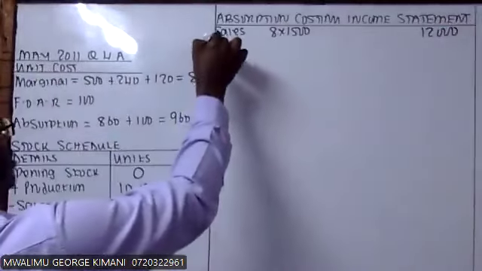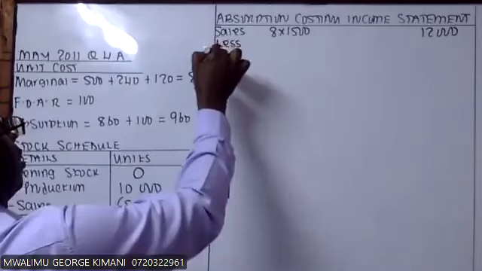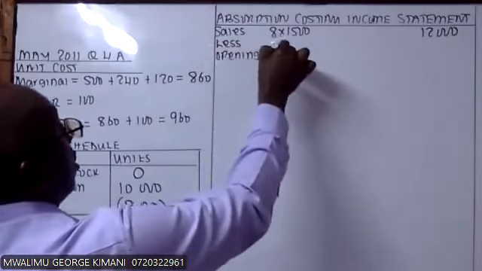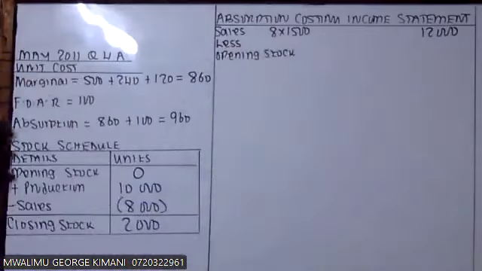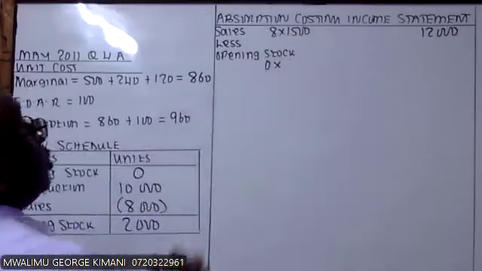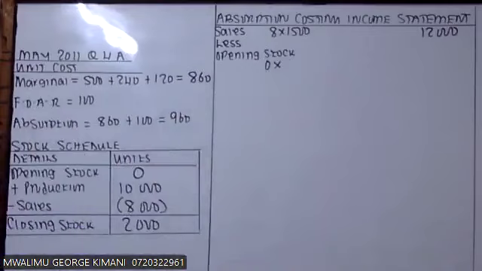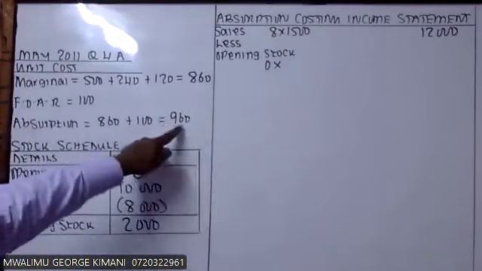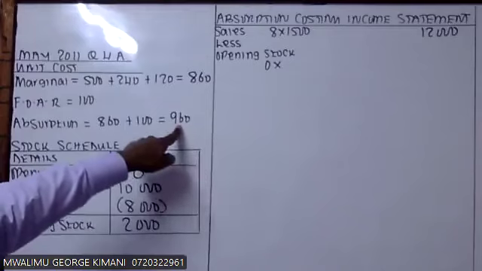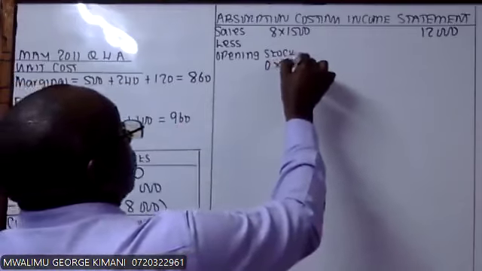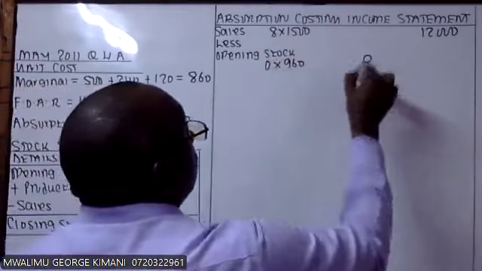Then you say less opening stock. Opening stock is this 0 times the cost. The absorption cost is 960, and that goes to 0.